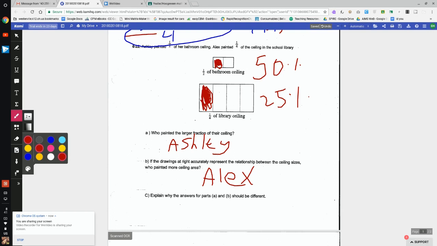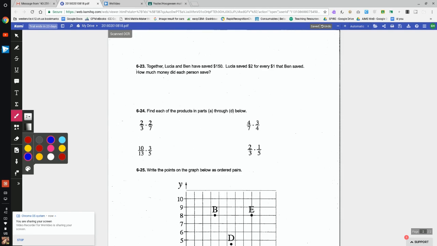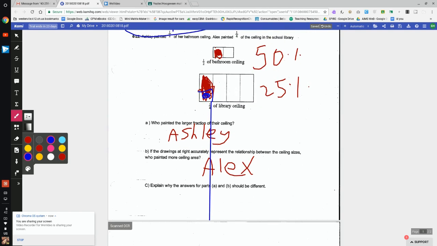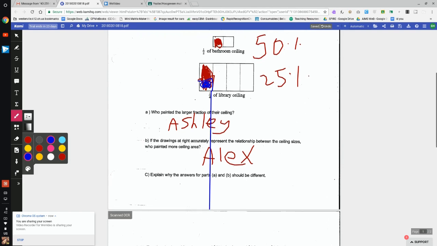If we're looking at percentages, again, we're going to go with Ashley. If we're looking at the sizes of the pictures, then we definitely have to pick Alex, because if you drop down this square into this box, you're only going to have half of that. Her half is only 1/2. So right there, you can kind of write something like that and make your statement for part C.